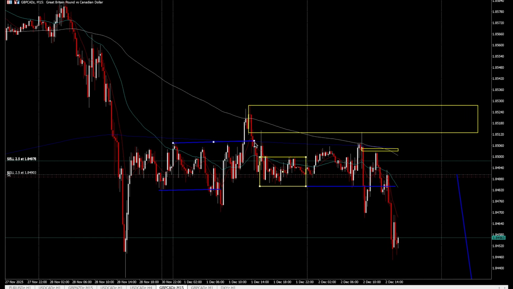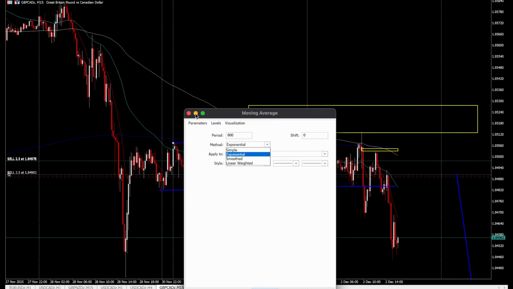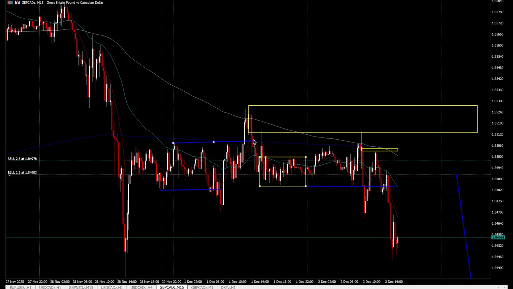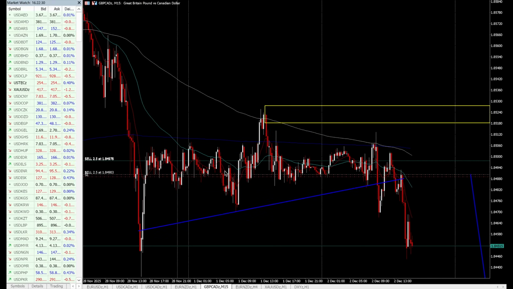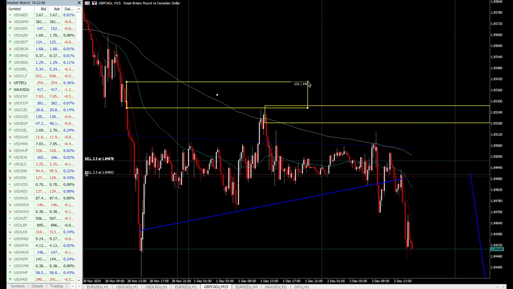As you can see, we had some liquidity lying above that area right there. We had some relatively equal highs at that area. Nothing much really happened. As expected for Mondays, we don't really expect much movement, but this was just a trap above the 200 EMA, and we also had an area of supply at the same area.